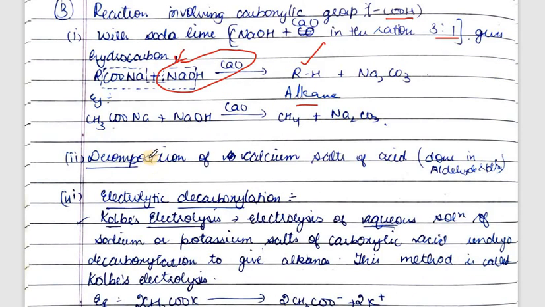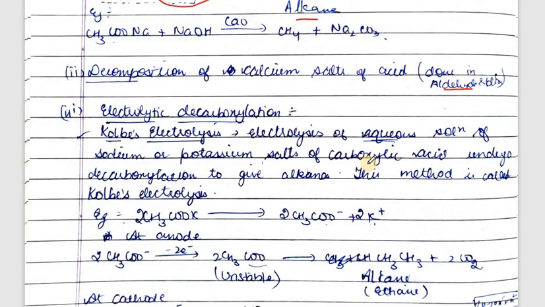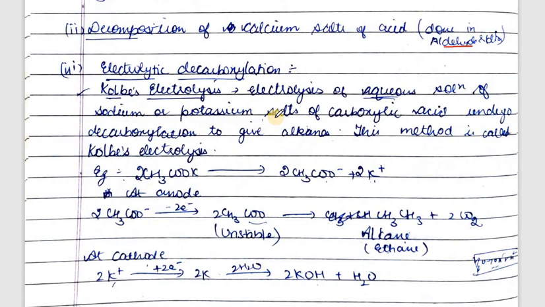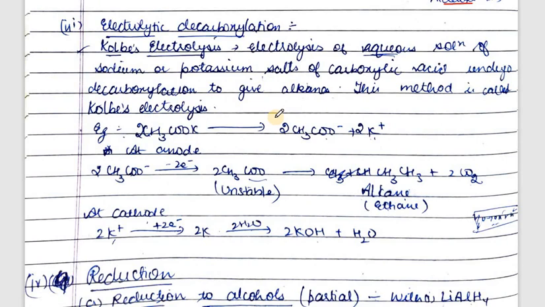And similarly, decomposition of calcium salts of acids, which we have already done in aldehydes and ketones, also involves the reaction in which the whole COOH group is involved. So next is electrolytic decarboxylation, which also involves the carboxyl group. This reaction can also be asked as a naming reaction.